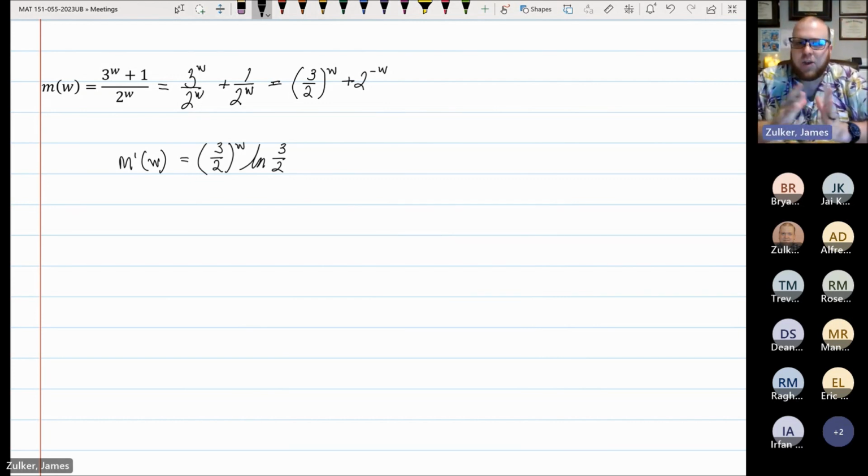First term, exponential, so it's the exponential function times the natural log of the base. Second is also an exponential function. However, it does have a chain rule involved. The derivative of negative w with respect to w is -1.